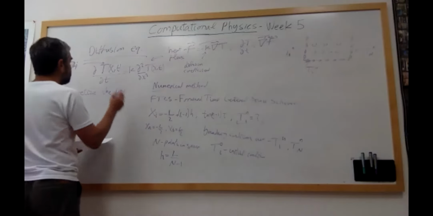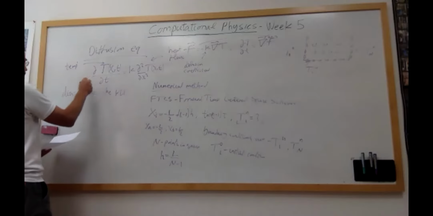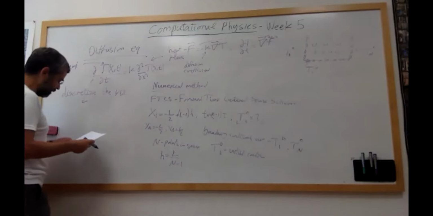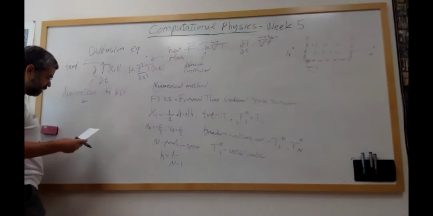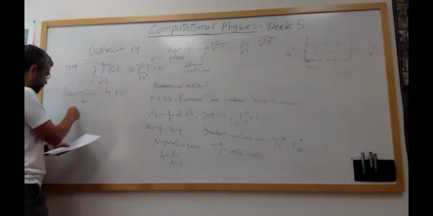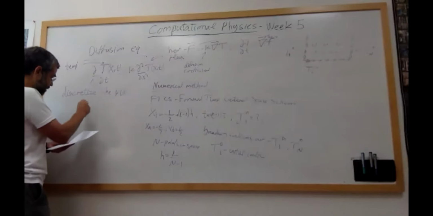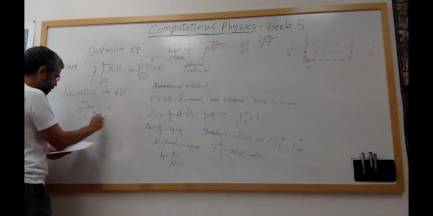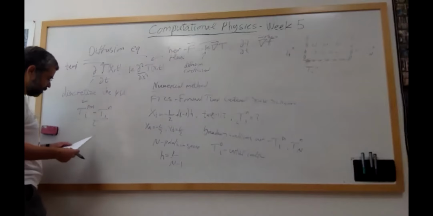So dt, the left term, we write it as simply T of I at n plus 1 minus T of I at n over tau.